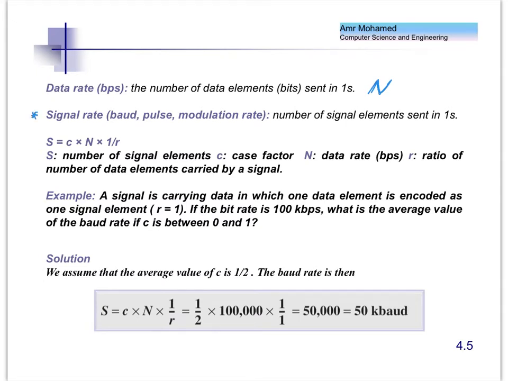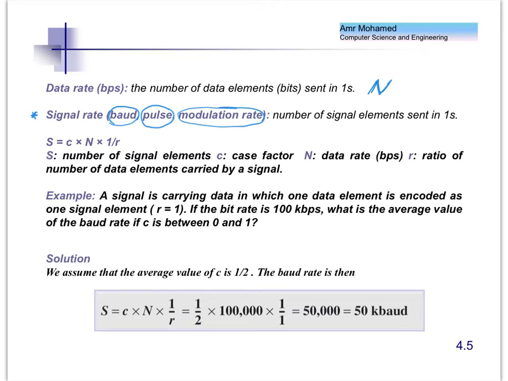We have a new component, which we talked about in a way, which is the signal rate. Sometimes we call it the baud rate, sometimes the pulse rate, sometimes the modulation rate. All of these are names for the same thing: signal rate, baud rate, pulse rate, modulation rate.